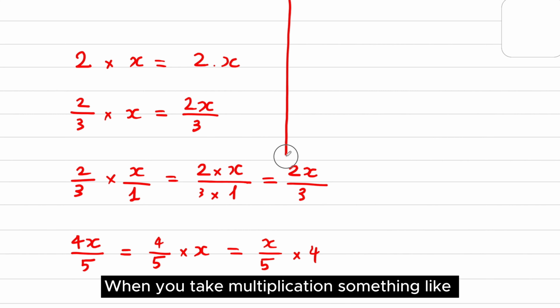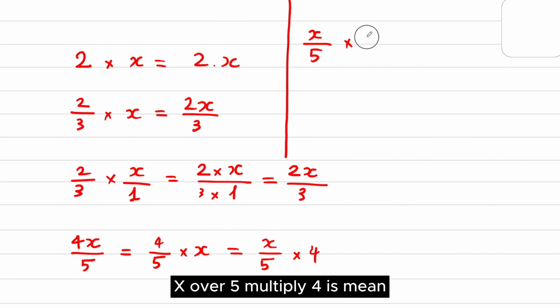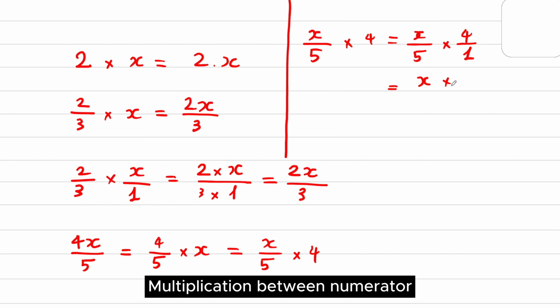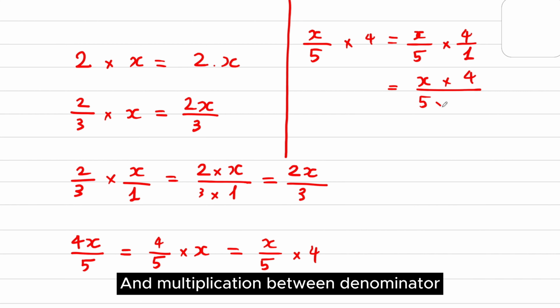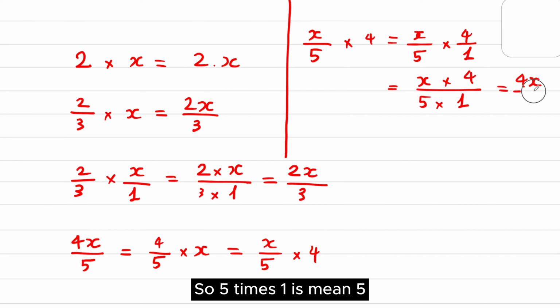When you take x over 5 multiplied by 4, it means you take x over 5 multiplied by 4 over 1. The next step is to multiply the numerators and multiply the denominators. x times 4 is 4x, and 5 times 1 is 5.